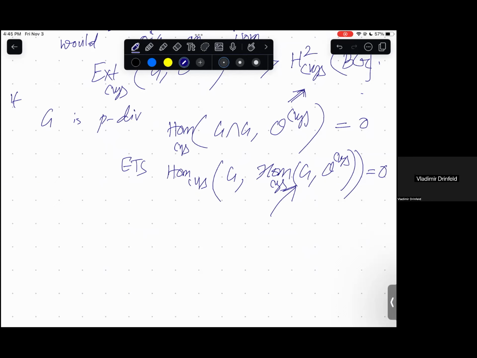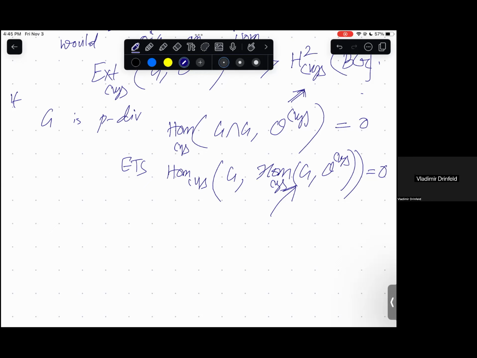Let me recall that when we are talking about H2, we equip A with the trivial action of G. So in other words, the extensions of G by A we are considering are central extensions.